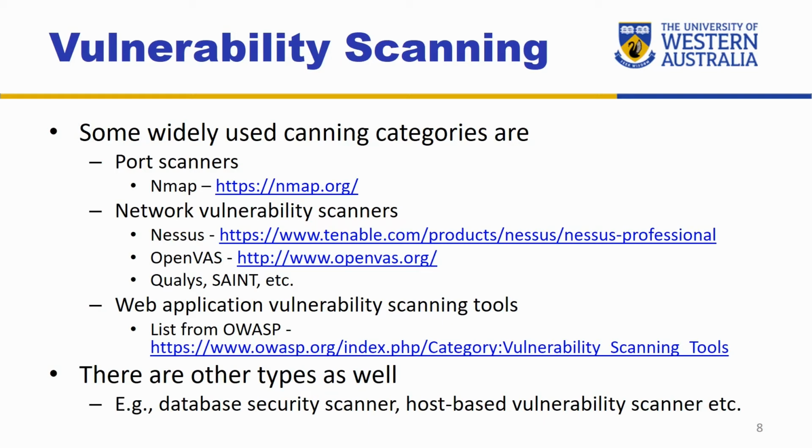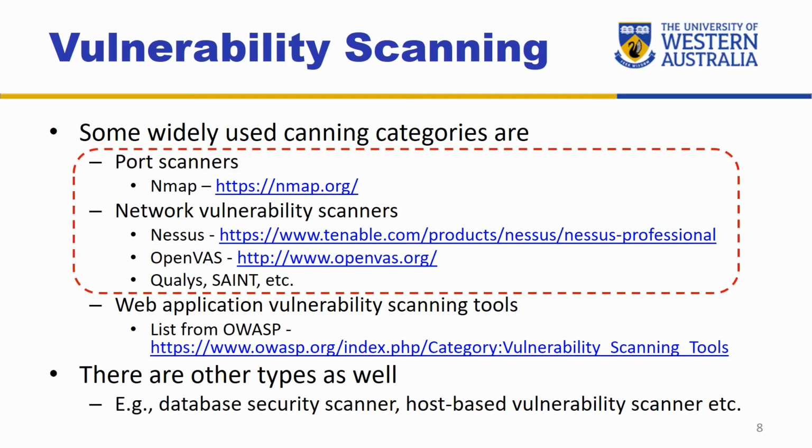Of course, network and applications are not the only categories that can be looked at. We should also consider database security scanners, host-based vulnerability scanners, etc. There are many different tools available nowadays. It's a matter of understanding what kind of security posture our network has.